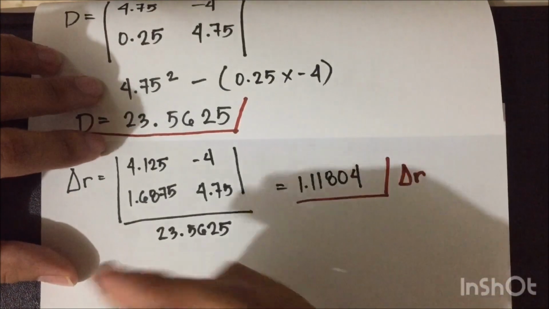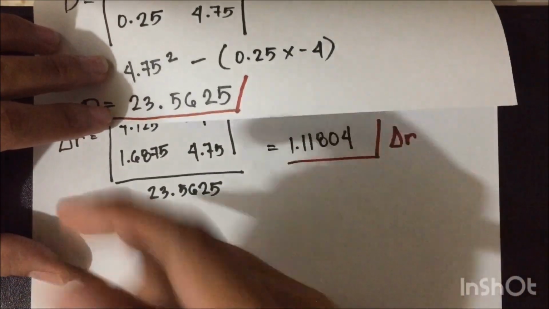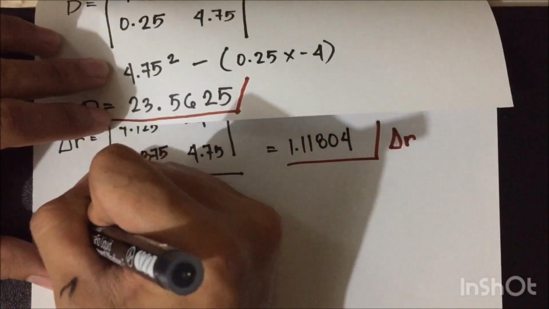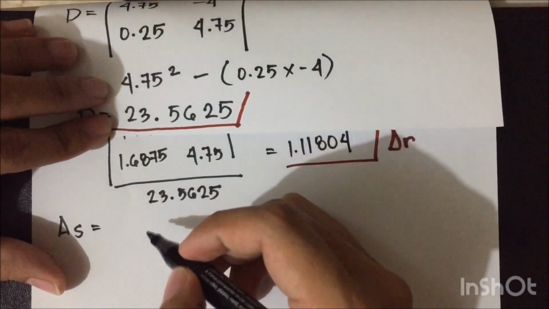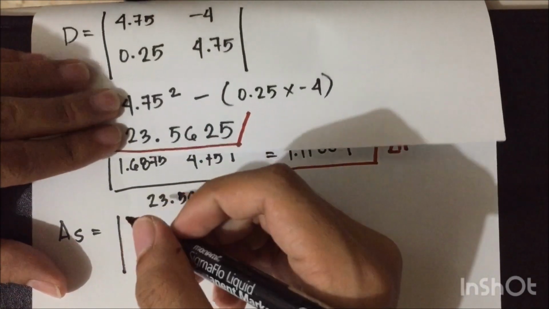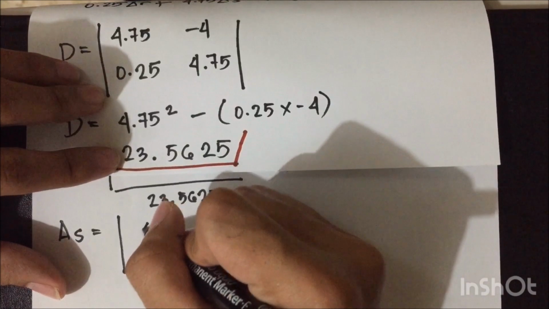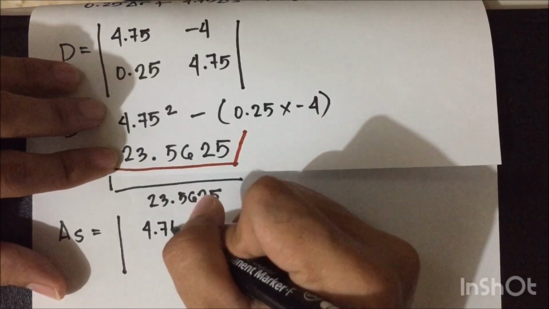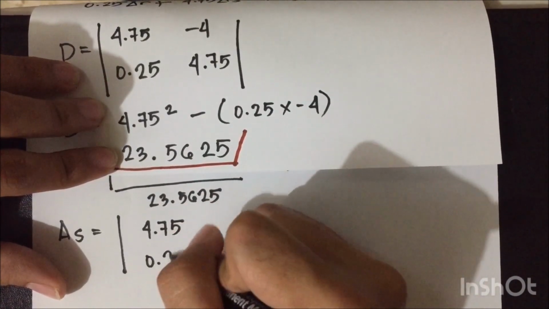Sa pagkuha naman ng delta S, ganun din. Kuha natin 4.75, 0.25.